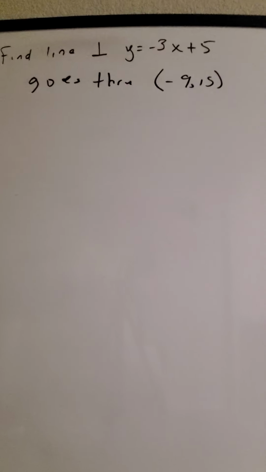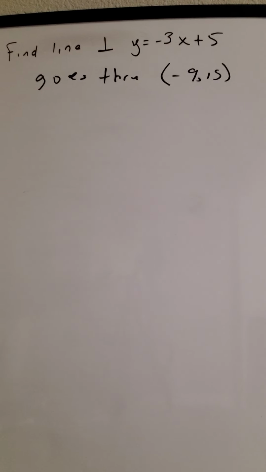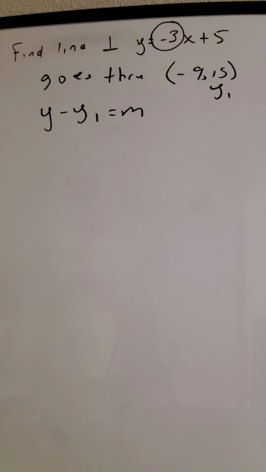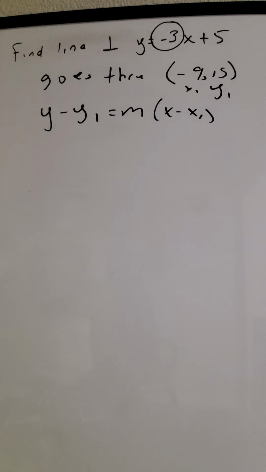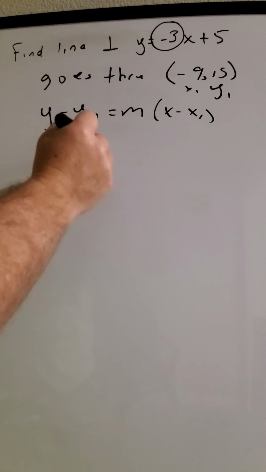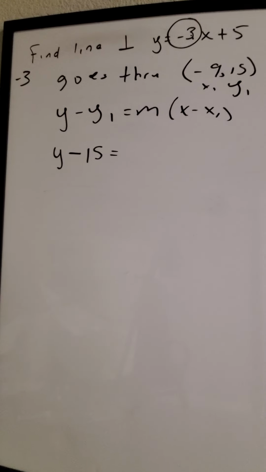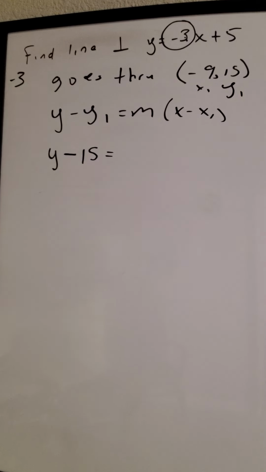Point slope form is what we want to be using here, because y minus y1, there's y1, equals slope, which we're going to get from our perpendicular rules, times x minus x1, and there's x1 right there. So y minus y1 is 15, so we can just do y minus 15. Now remember, this slope here is negative 3, which is negative 3/1.